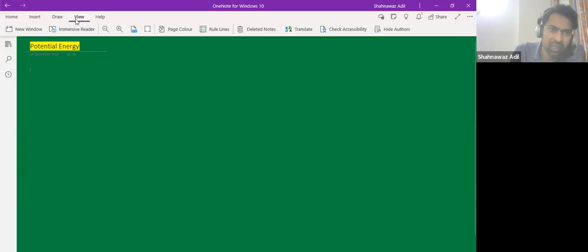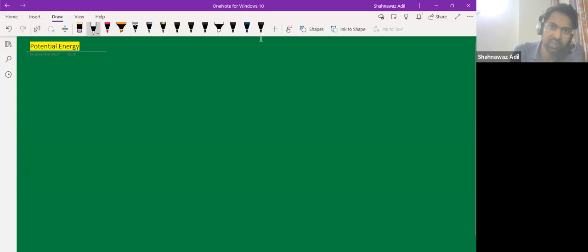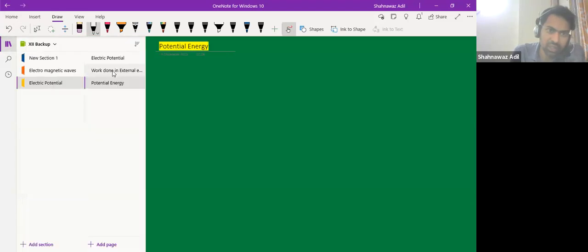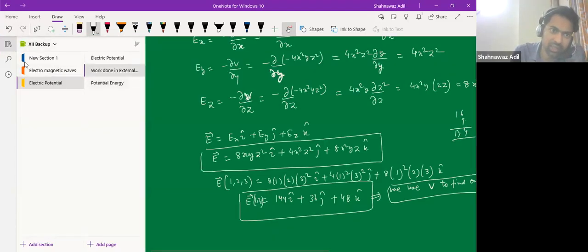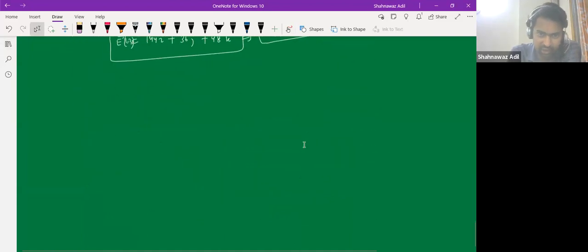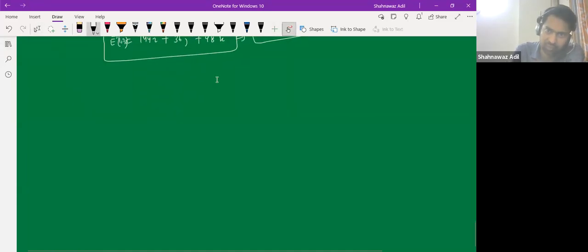Okay, so now we will talk about potential energy, right? So we have charges Q1 and Q2, and we know how work done is related with the potential. If we have a potential V and a charge Q, the work done would simply be QV.